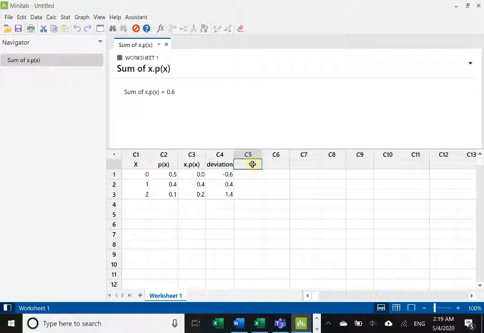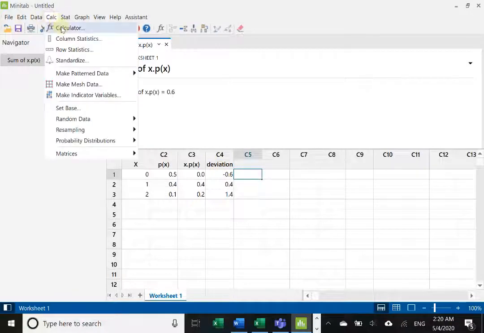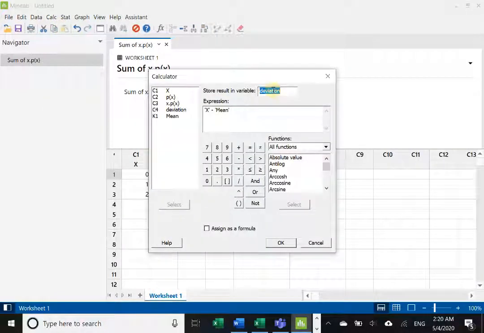Now we're going to square the deviation. Okay, so in fact I'm going to call it deviation-squared. Oh, actually let me not do that. I'm going to do that in my formula. So we're going to square the deviation now. So I'm going to go calculator. We're going to call this SQ dev, square deviations.